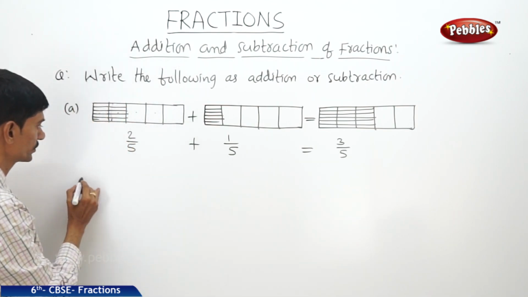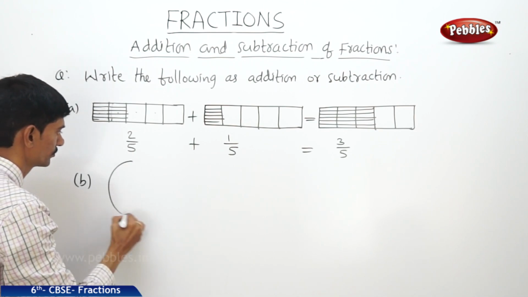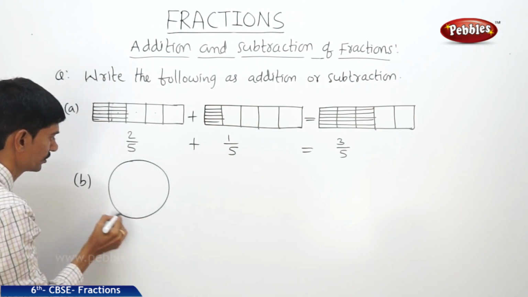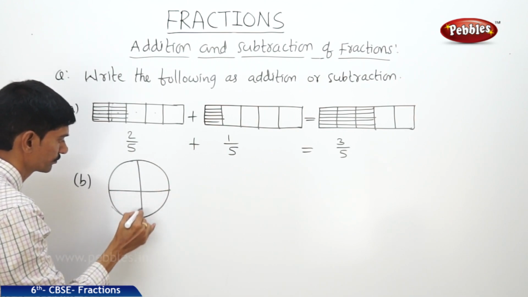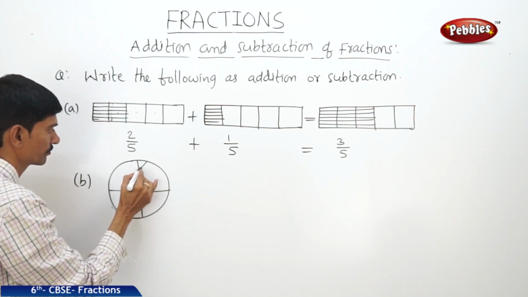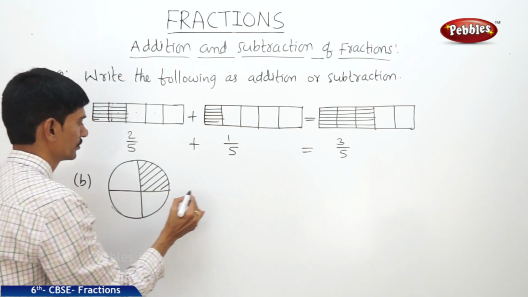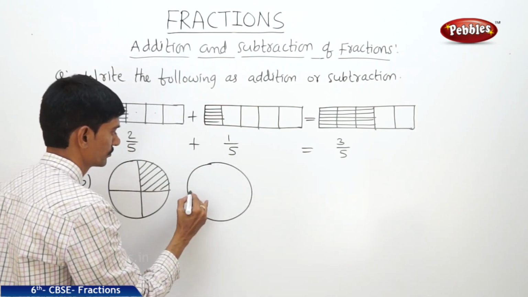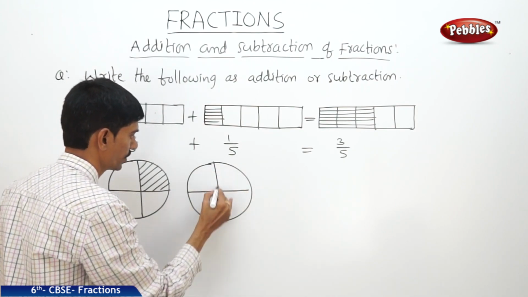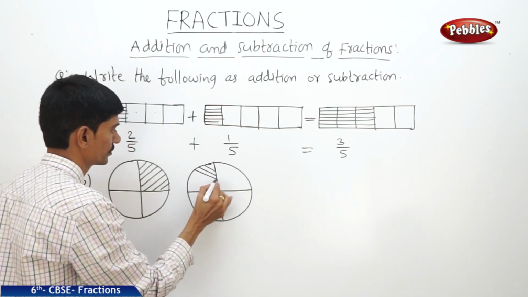Now the second question. Now there is a circle divided into 4 parts. In this one part is shaded, and there is another circle divided into 4 parts, but in this 2 parts are shaded.